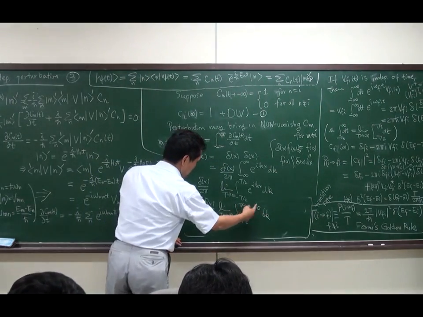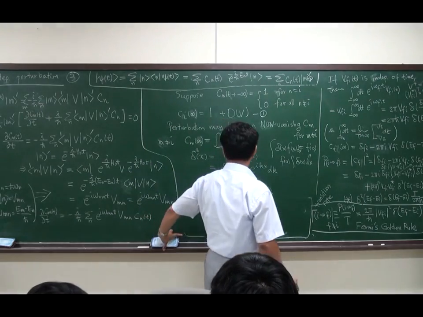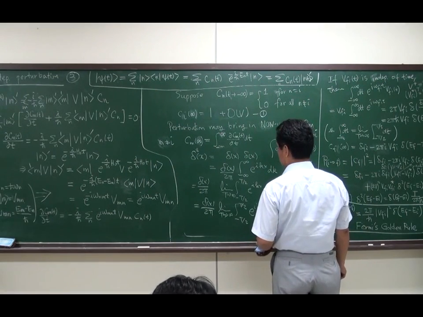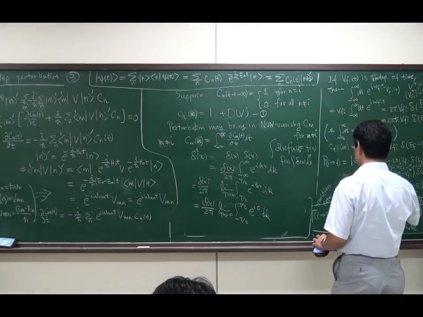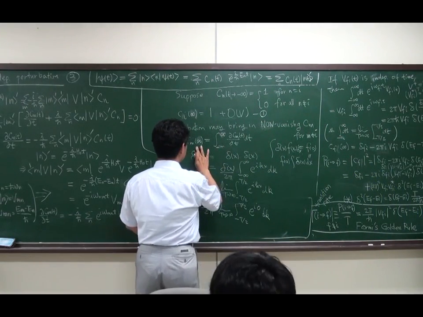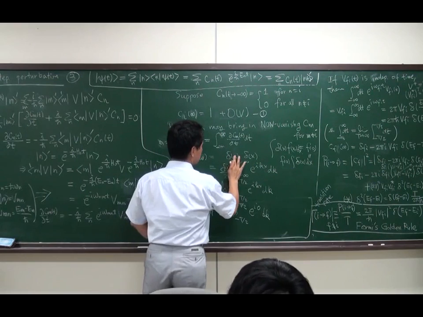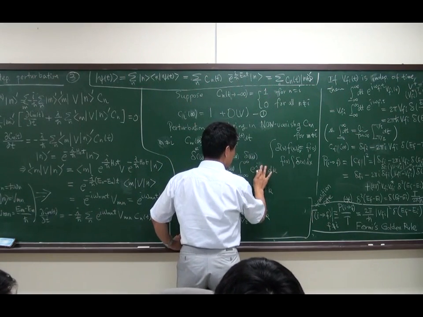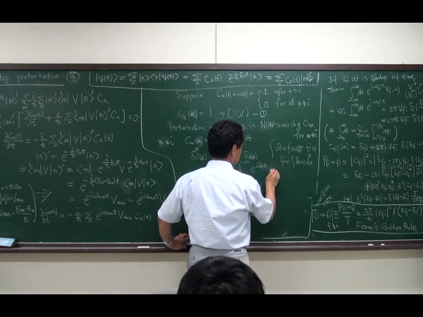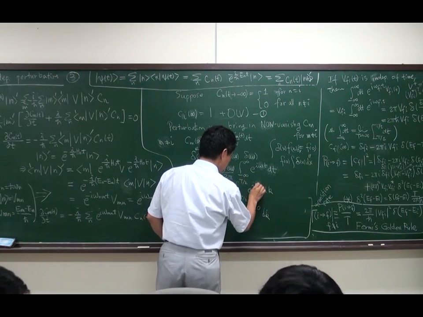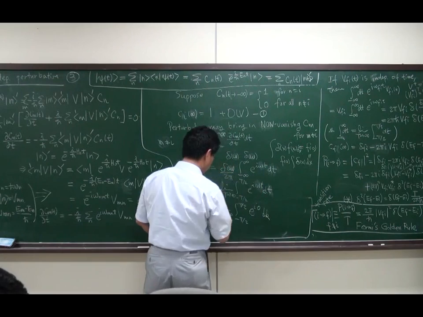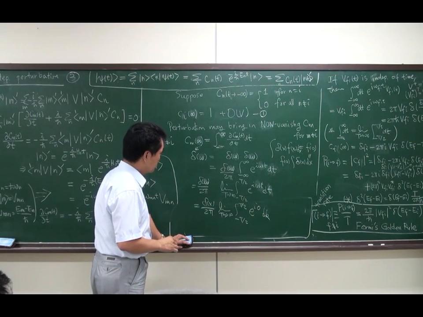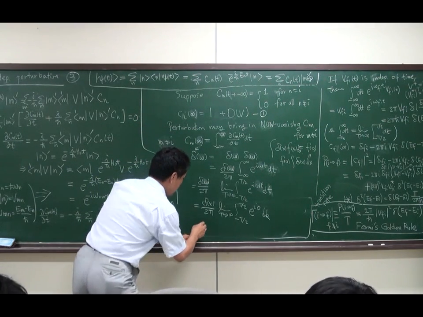Because this is omega, we could have omega t dt, and there is no limit problem there.